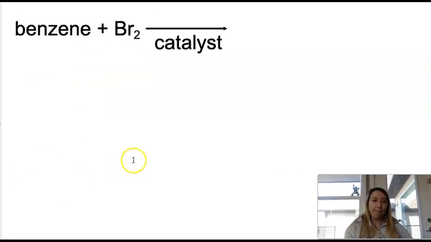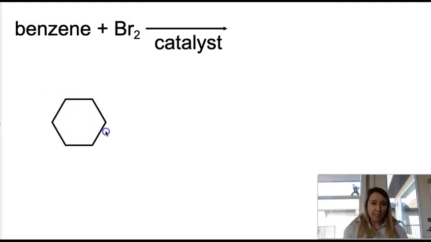All right, and then here's our last example that we're going to do. We're going to look at benzene plus bromine with that catalyst. So we think about what benzene is. We have our hexagon, and look at that, I'm drawing a lovely hexagon instead of my usual one.